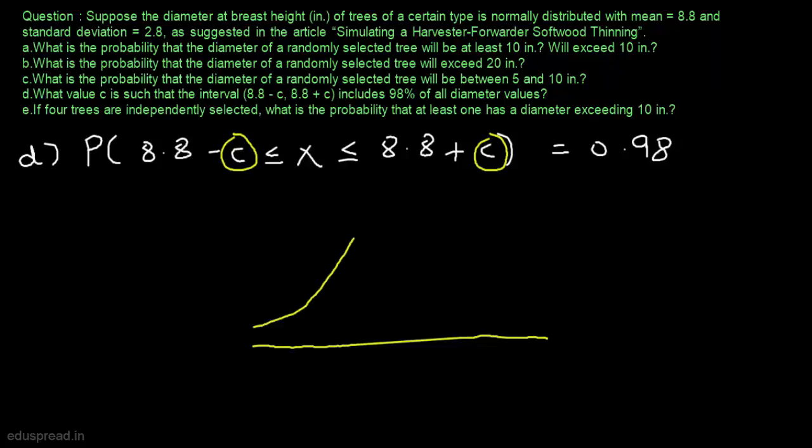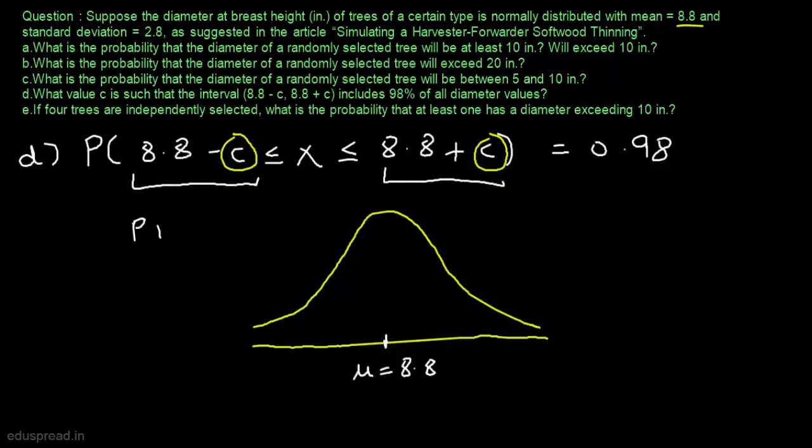Say this is a normal distribution and we are given in the question that mean is equal to 8.8. So we have mean here, which is mu is equal to 8.8, and we are given the probability that x is between 8.8 minus c and 8.8 plus c is equal to 0.98. So let's say 8.8 minus c is P1 and 8.8 plus c is P2.